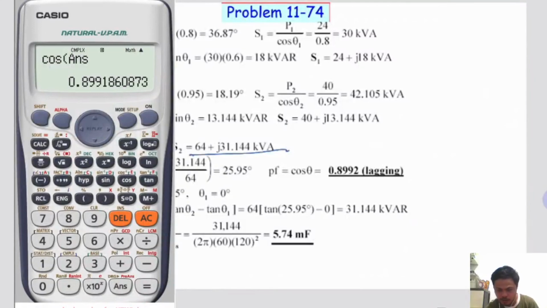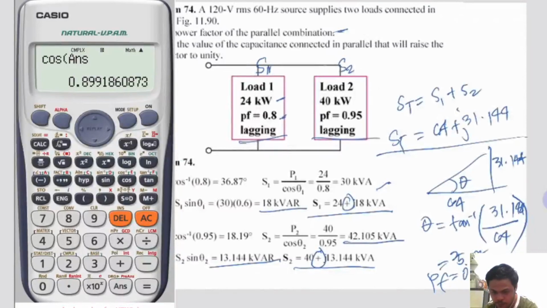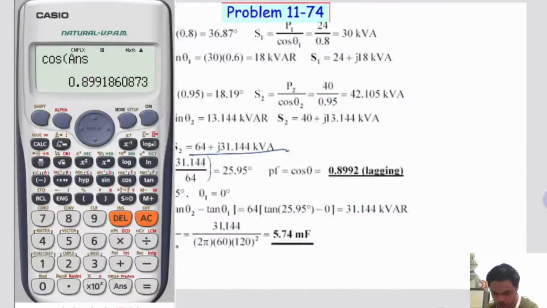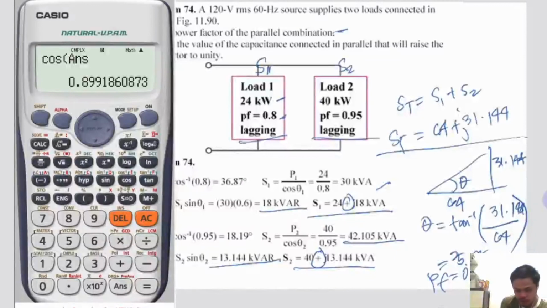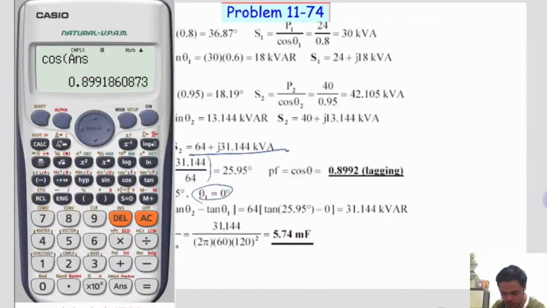So calculate also the required capacitance in the circuit. Since we need the value of capacitance to raise the power factor to unity, we are bringing theta to 0 degrees.